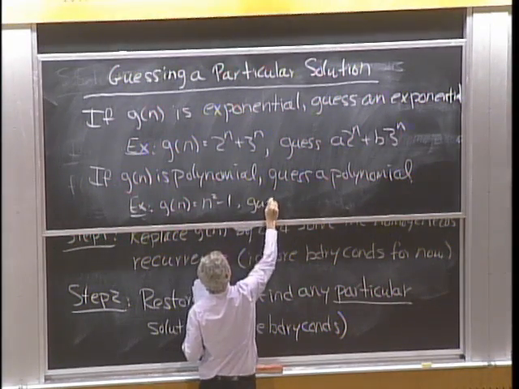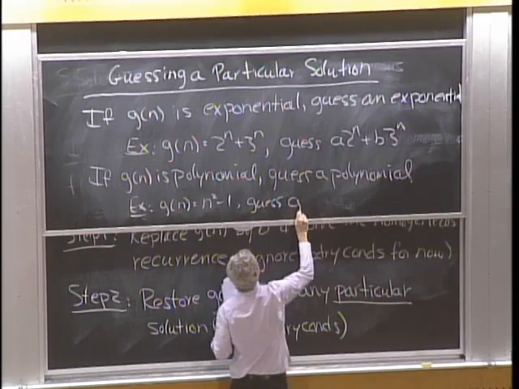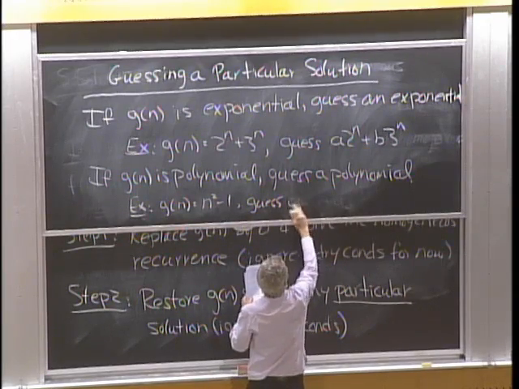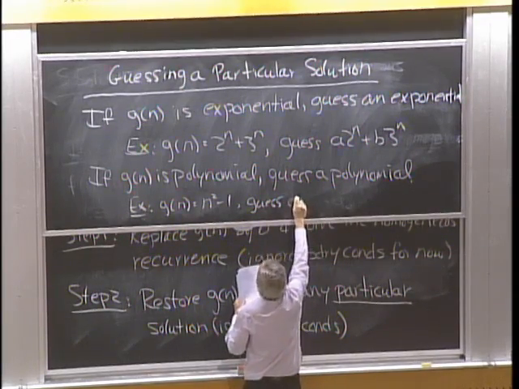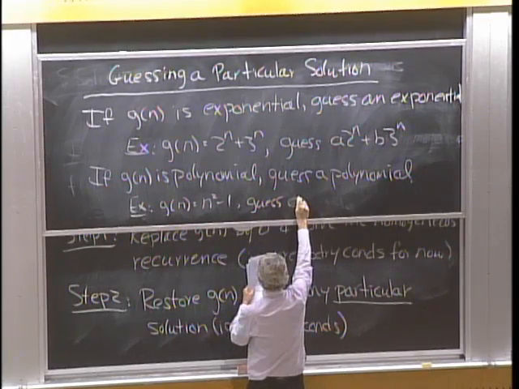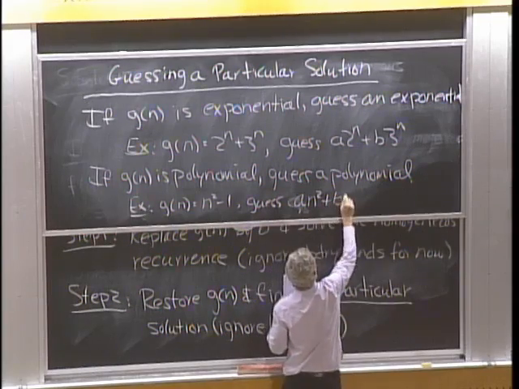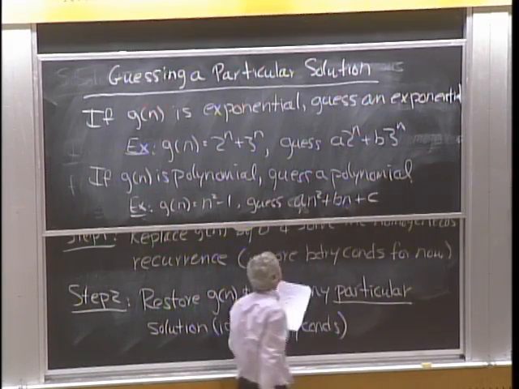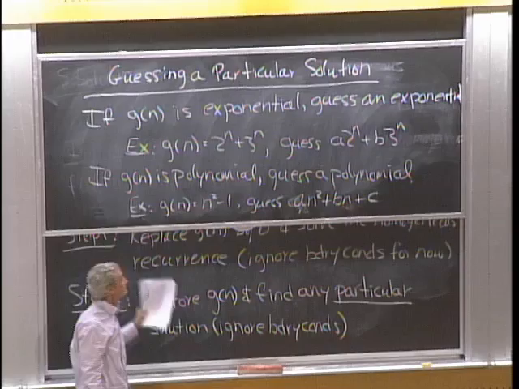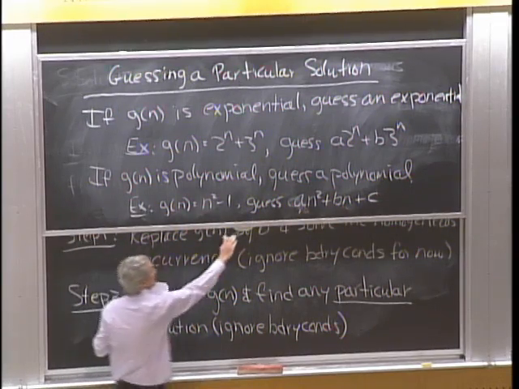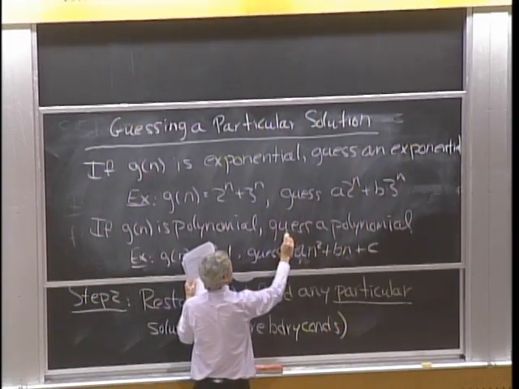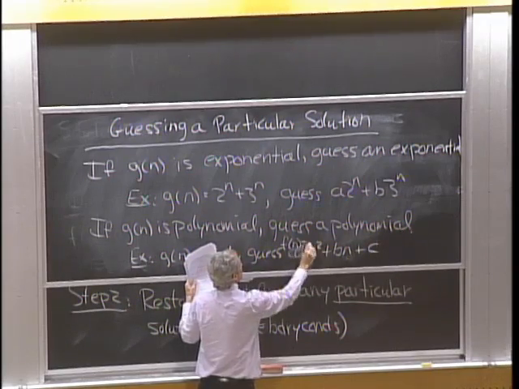You should guess, let's see, a n squared plus b n plus c. Plug that in for f of n. All right, so when we're doing these guesses, we're guessing f of n. Same thing up here.